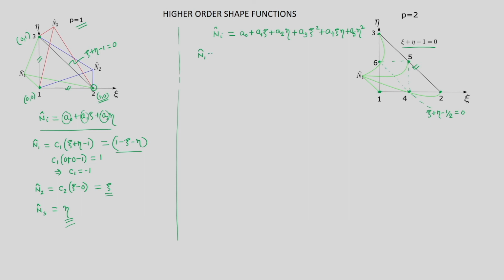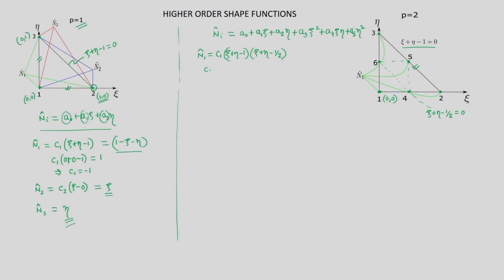So, we can construct N1 hat as a product of xi plus eta minus 1 into xi plus eta minus half. Now, in order to ensure that it is 1 at node 1, which has coordinate 0, 0, we multiply with the coefficient C1.